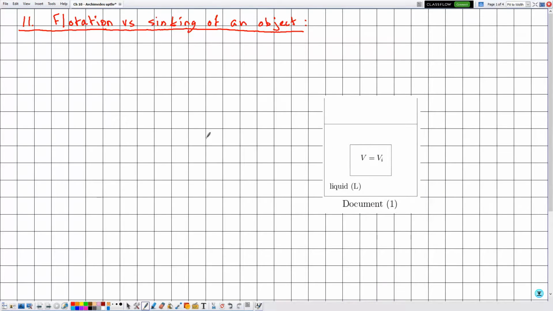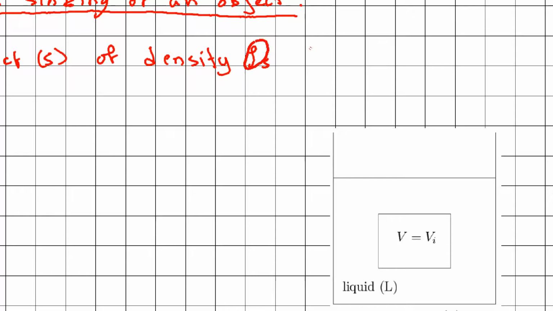So let me write here: consider an object S of density rho S. Rho is the density of the solid.